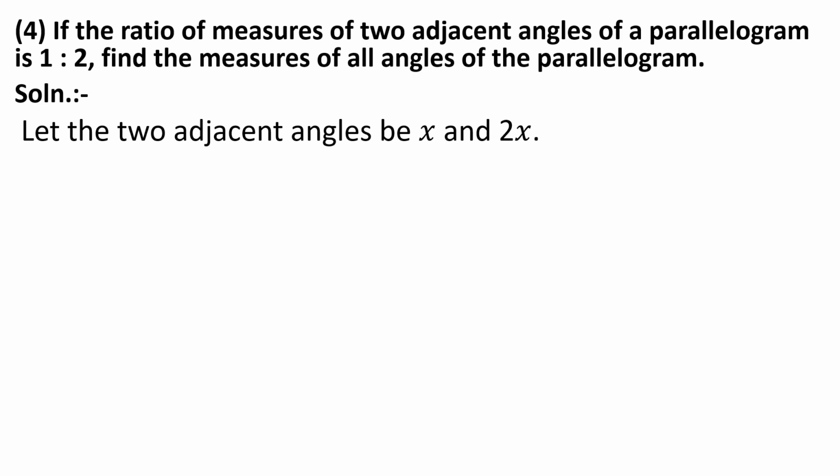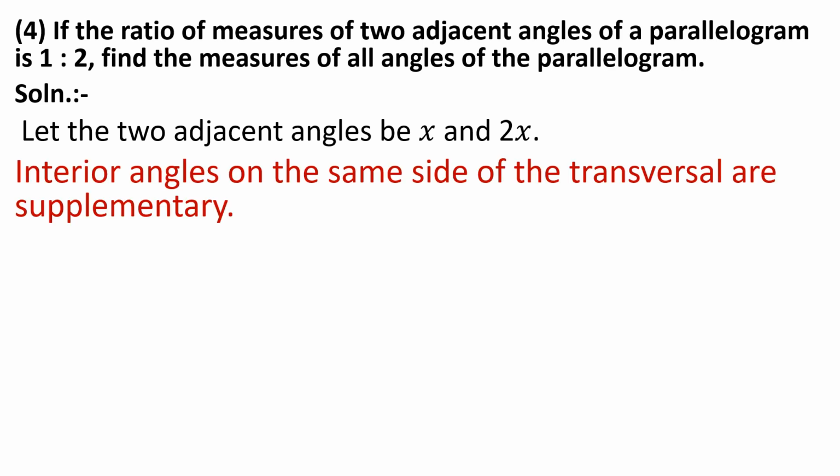X is here the common multiple. And these are the adjacent angles. So adjacent angles of a parallelogram are supplementary. Means addition x plus 2x is equal to 180 degree. So you can write down this reason. Interior angles on the same side of the transversal are supplementary, or you can write adjacent angles of a parallelogram are supplementary.